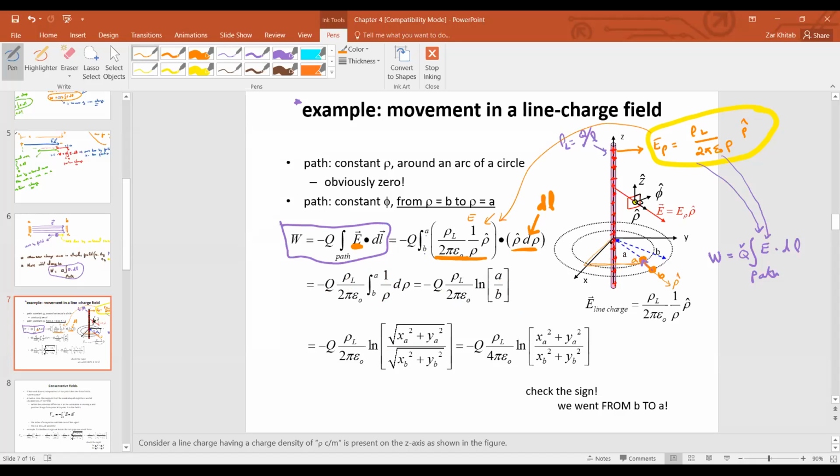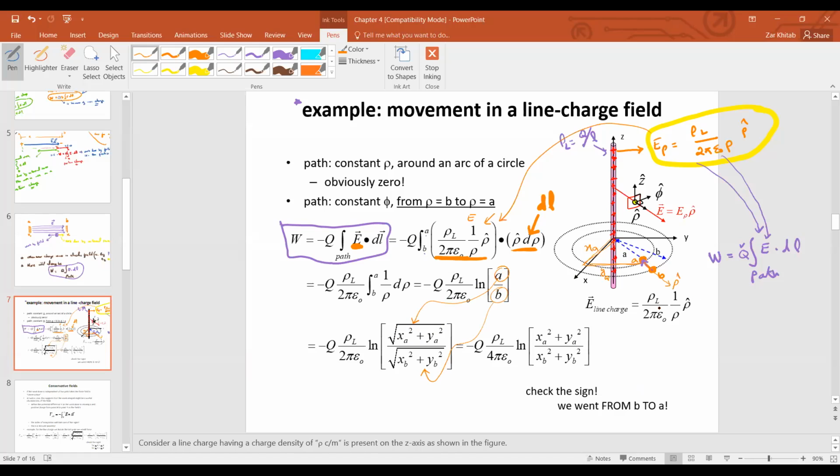This is x of A and this is y of A. So this factor is the square root of x A squared plus y A squared. This is point A, and this is point B. Plug in the values and you will get the answer.